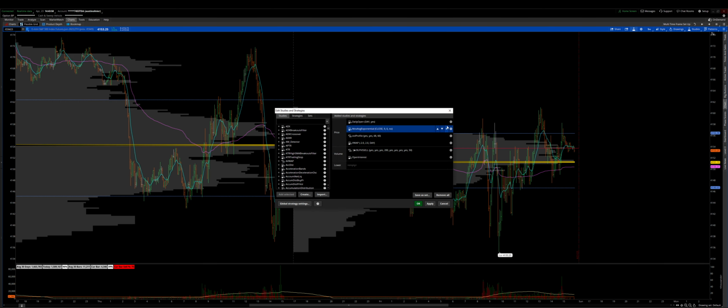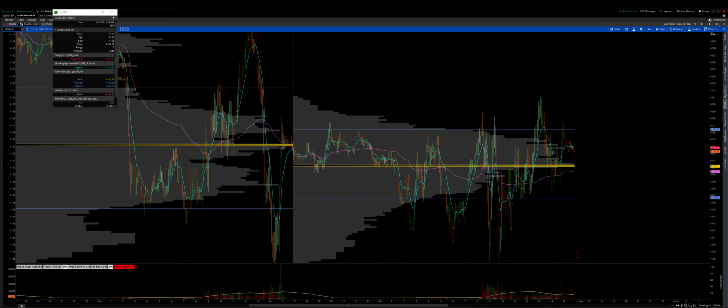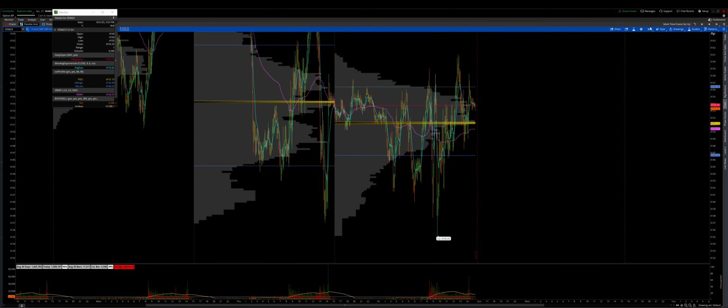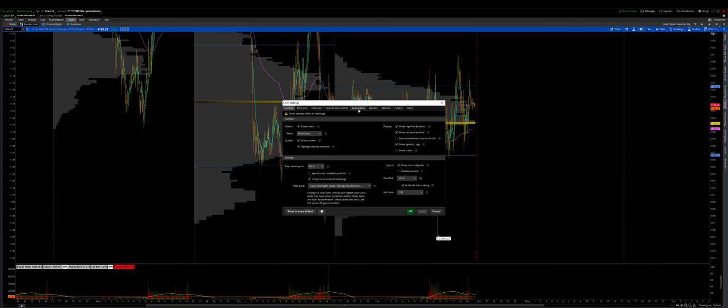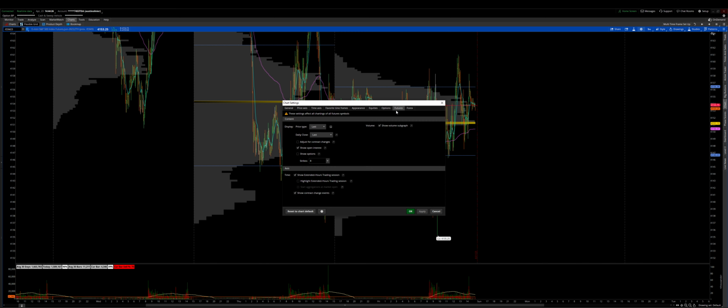Other than that, and then the volume profile, just to get an idea of areas that may be of interest. And then obviously in my appearance, I have the same concept, black bar chart, and then my extended hours trading session is on.